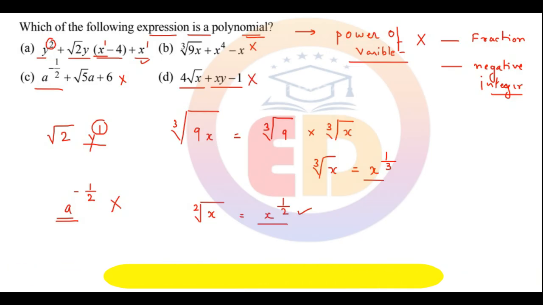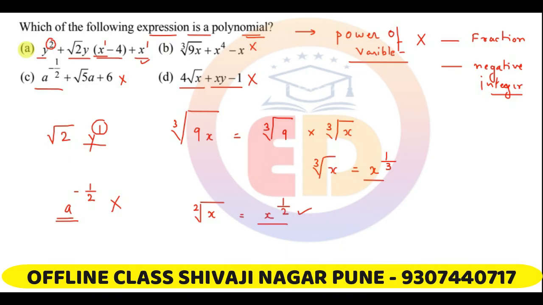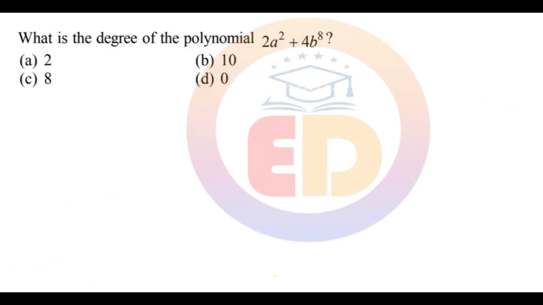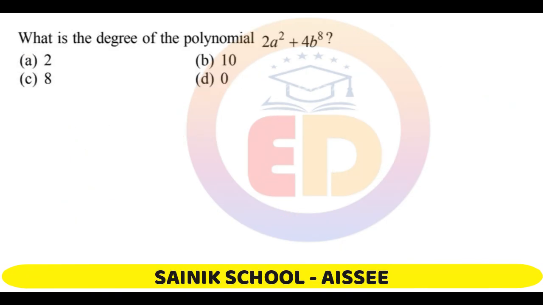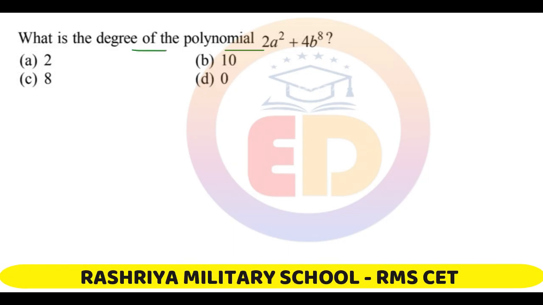Our answer is option number A. What is the degree of the polynomial 2a square plus 4b power 8?